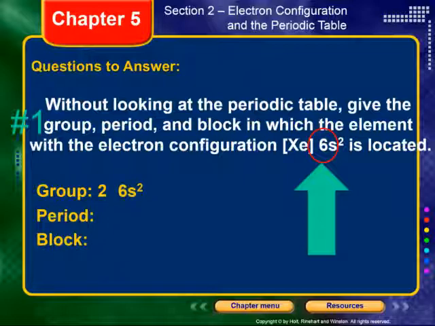I can also tell from this information that it's going to be in period 6. Why? Because of the 6 in the 6s2. So 2 electrons in the 6th period. And what block is it in? The S block. Again, you get 3 pieces of information from 6s2. You get the block, you get the period, and you get the group number.